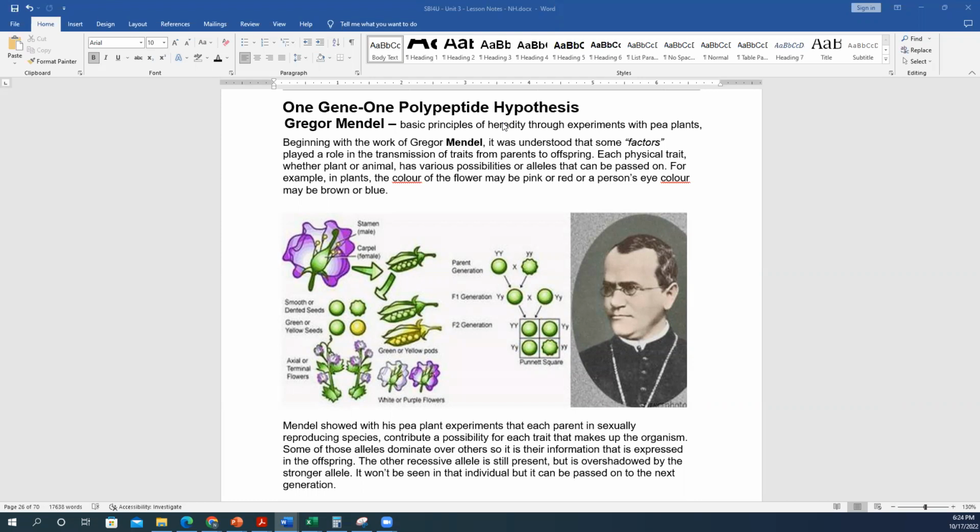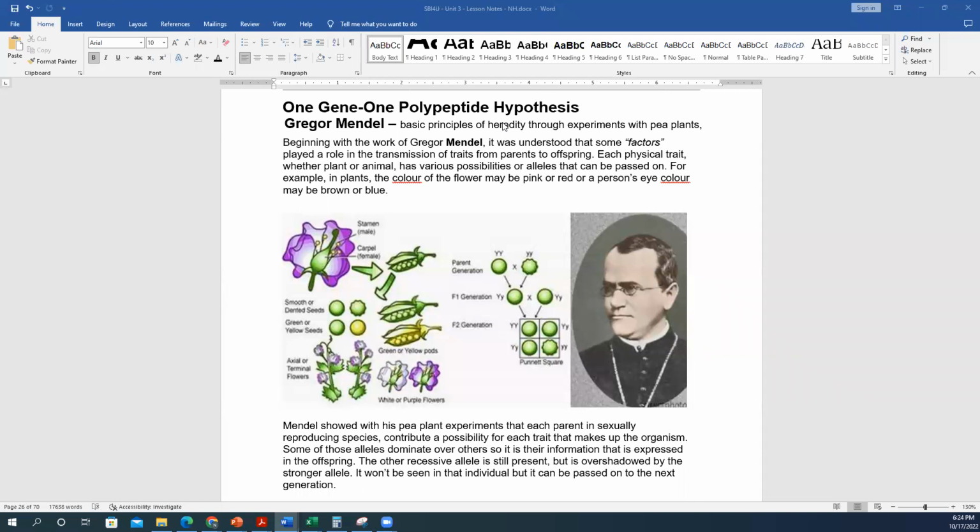The first part of this process was the work laid out by Gregor Mendel, which we talked about a little bit in the last class. Essentially, just to recap, his work established that there were some factors that played a role in the transmission of traits from parents to offspring. He showed this in his pea plant experiments.